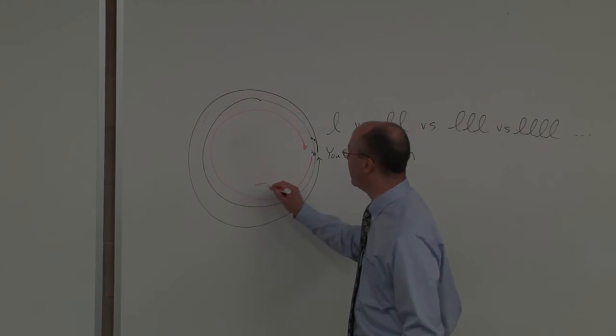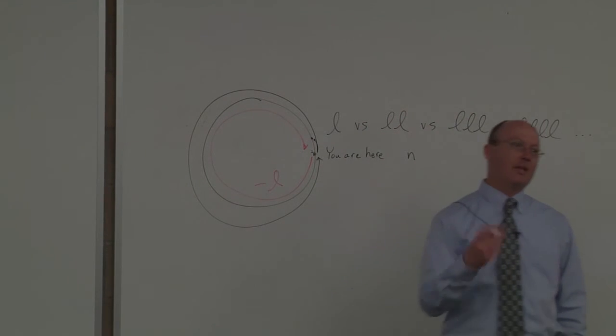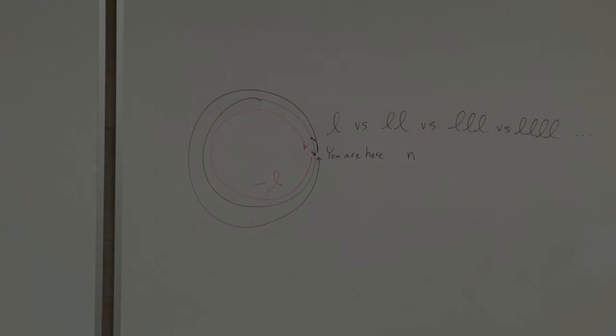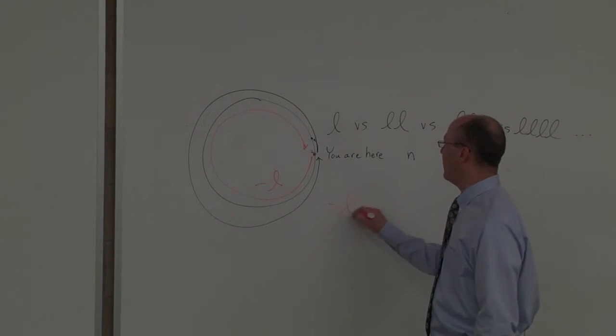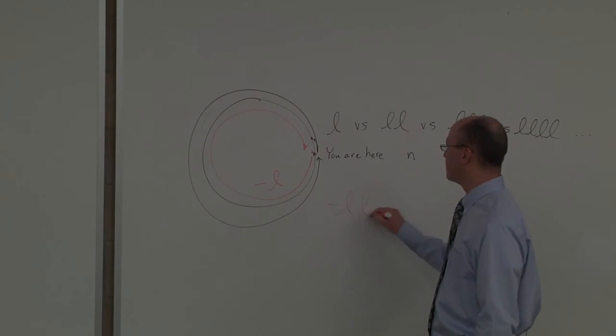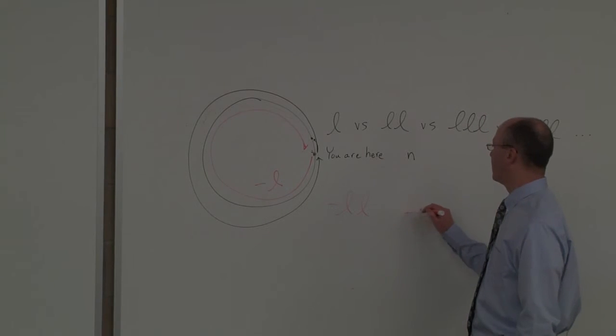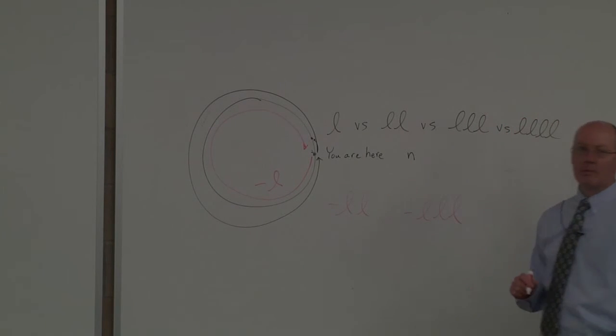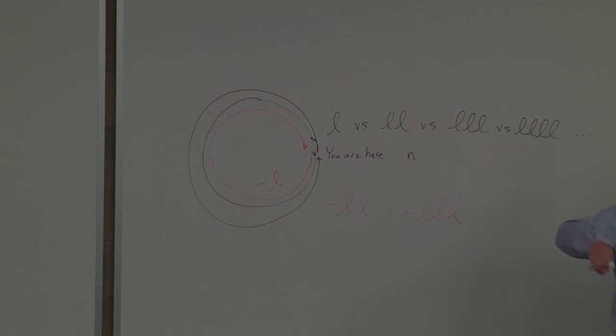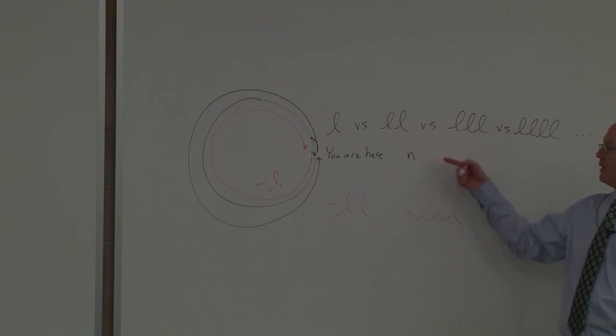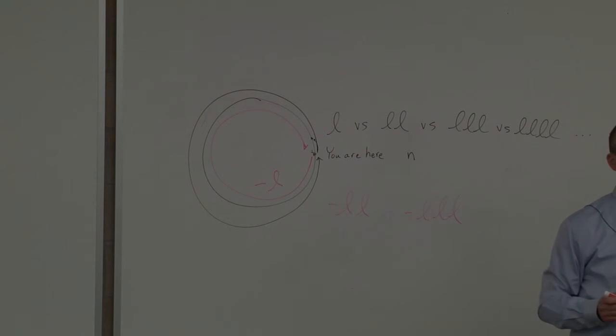I'm trying to tell you that that's the opposite of your original loop. You could do that loop as many times as you want. And these loops, which are kind of backwards loops, they're going to cancel those loops. And if you put those loops end to end, it's like you don't go anywhere.